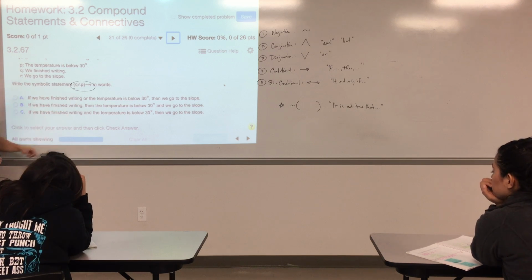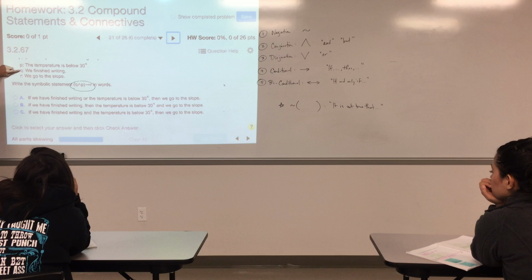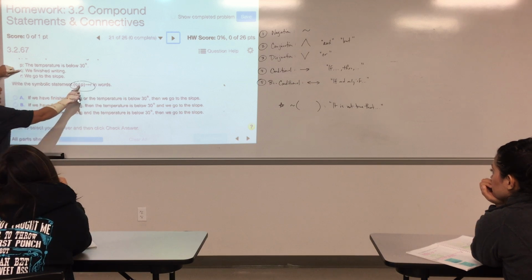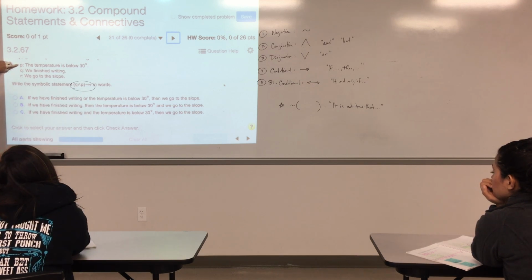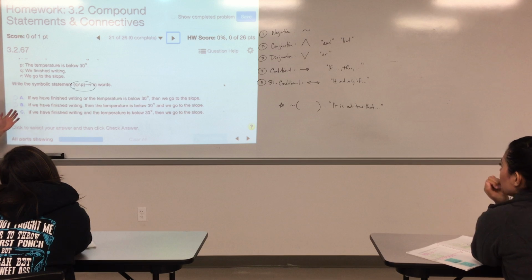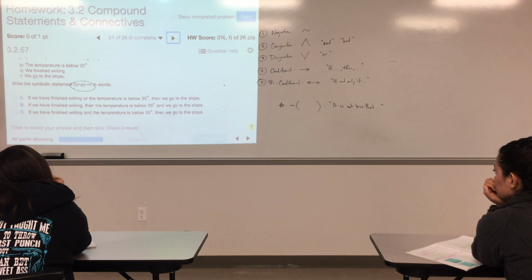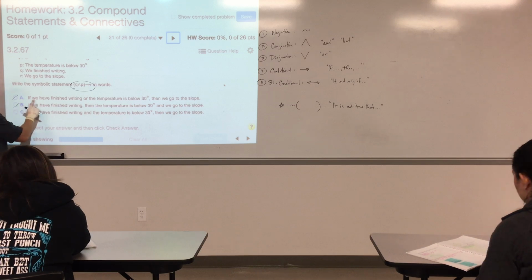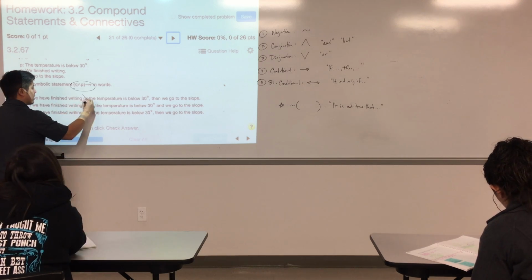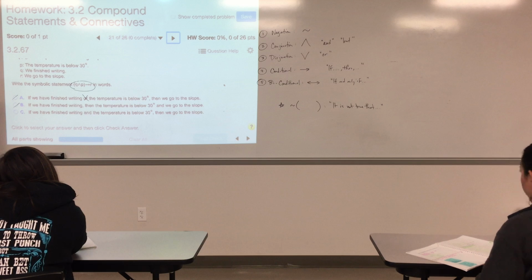Q and P. What is that? Q, we finished writing, and the temperature is below 30. All of that should be before the word then. Which one can we eliminate? A. For sure A. What else? B as well. Take a look. This says if we have finished writing or. That eliminates it. Gone.